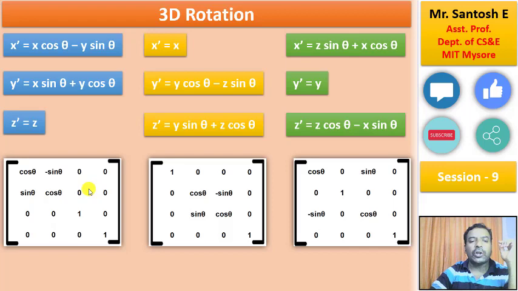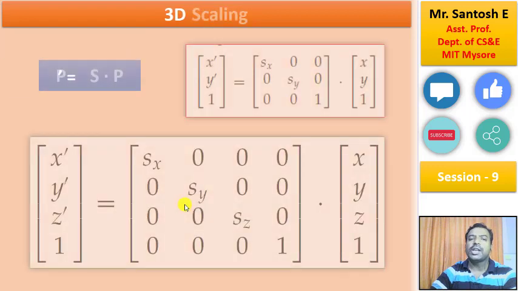Are you applying the rotation with respect to the z axis, or with respect to the x-axis, or with respect to the y-axis? If you have the z-axis as a reference for rotation, I need to use matrix 1. If I have the x-axis as a reference axis for rotation, use matrix 2. And if it is the y-axis as a reference axis, use matrix 3. And so this is where we use the rotation matrix in 3D.